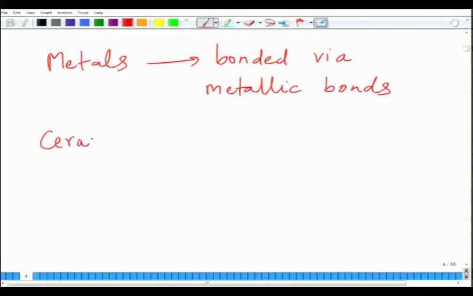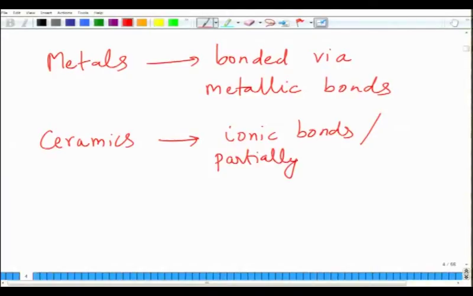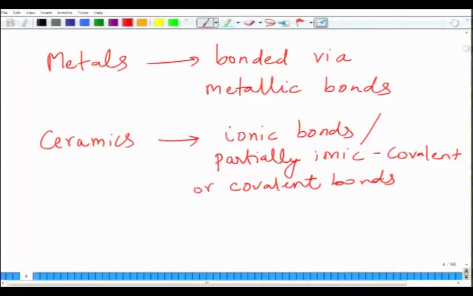Ceramics and glasses are typically bonded by ionic bonds or partially ionic, partially covalent, or largely covalent bonds. So, things like sodium chloride would be highly ionic in nature.